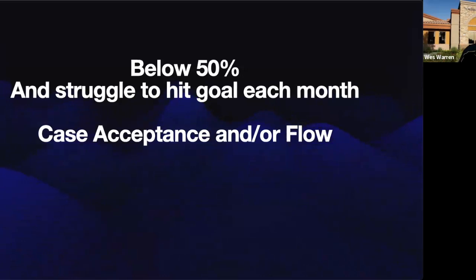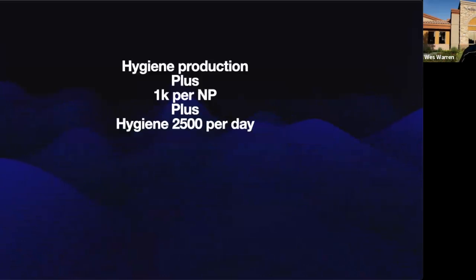So we talked about this before, but you should do this math, right? So your hygiene production. Let's do a scenario. You've got one column of hygiene, right? And that's 4 days a week, 16 days a month, and let's say it's producing $1,000 a day. Let's call it $15,000, right?